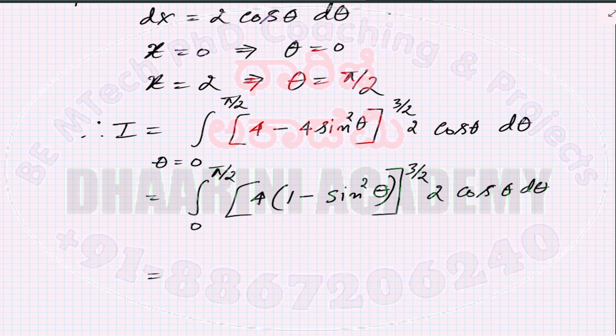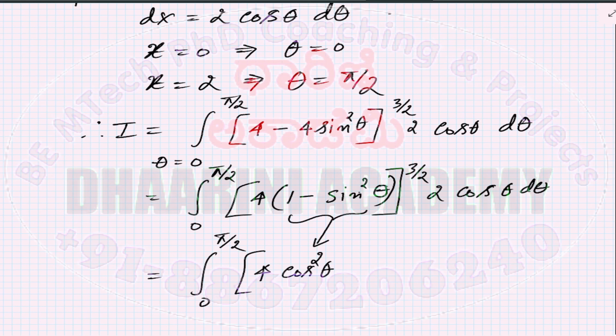There is a 2 here, and you see that there is a 4 to the power. Let me keep this as it is just to avoid confusion. This is 4 by 2 into 4. 1 minus sine square theta is nothing but cos square theta, because cos square theta plus sine square theta is 1.